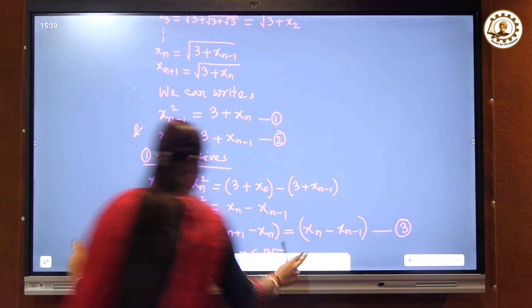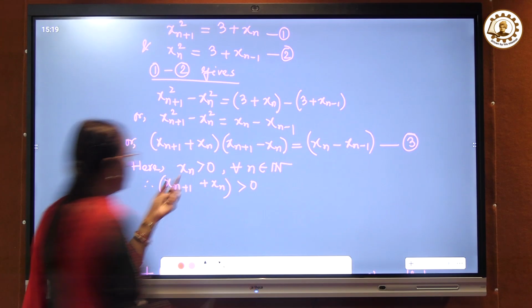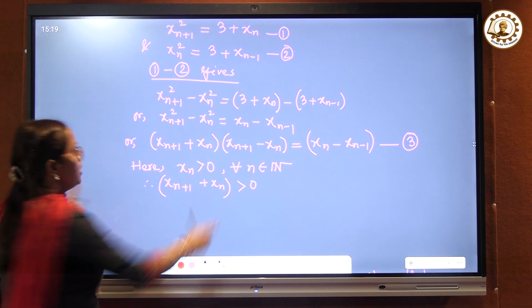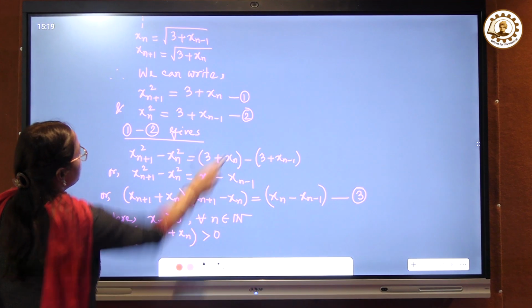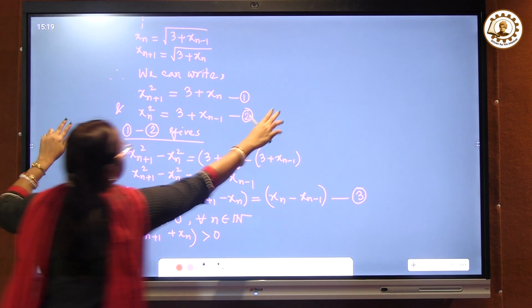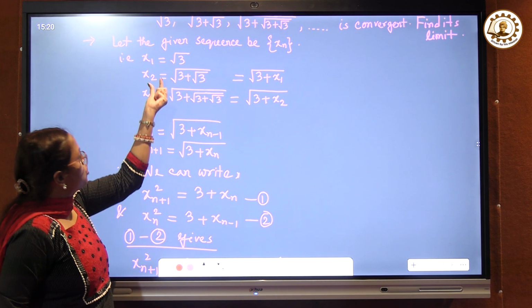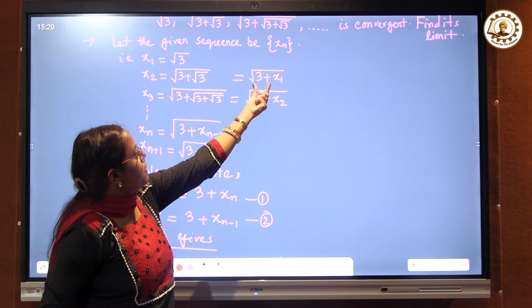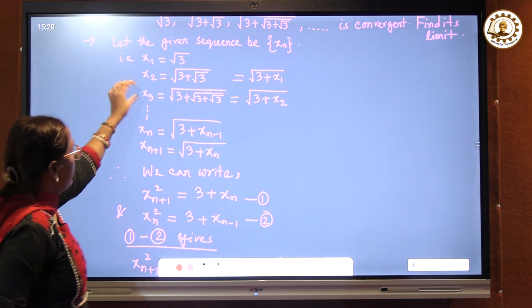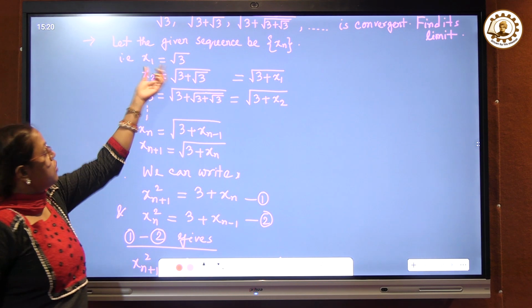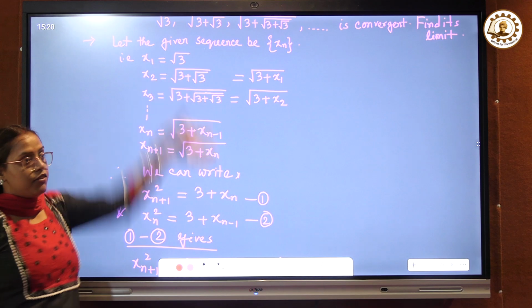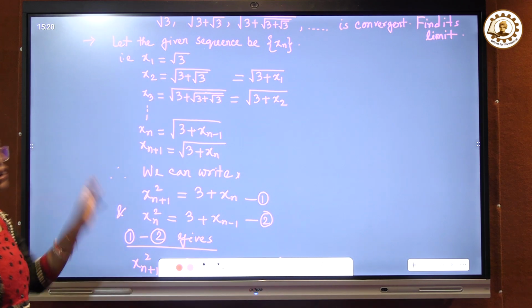Now see, every term of the sequence which we have written before, that x2 is root over 3 plus x1, x3 is root over 3 plus x2, and x1 is root 3, means every term of the sequence is positive.